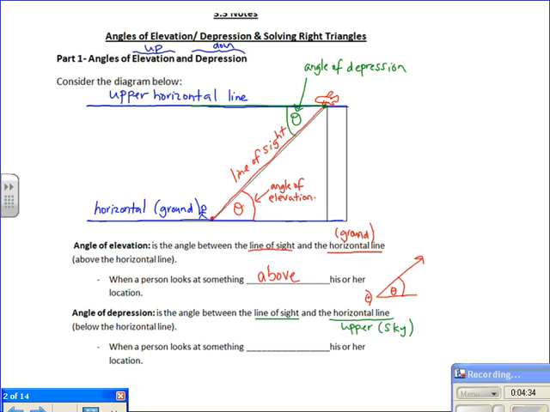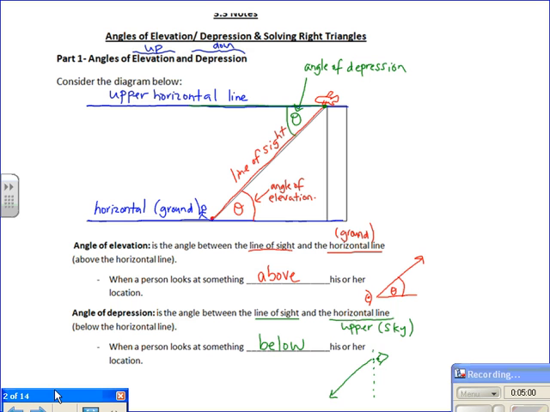And an angle of depression is when a person is looking at something below his or her location. So to draw a quick little diagram for us here, if somebody is up here, I'll draw their eyeball, and they're looking down at something, the angle of depression is not the angle that's made. You might be tempted to make a little vertical line here.